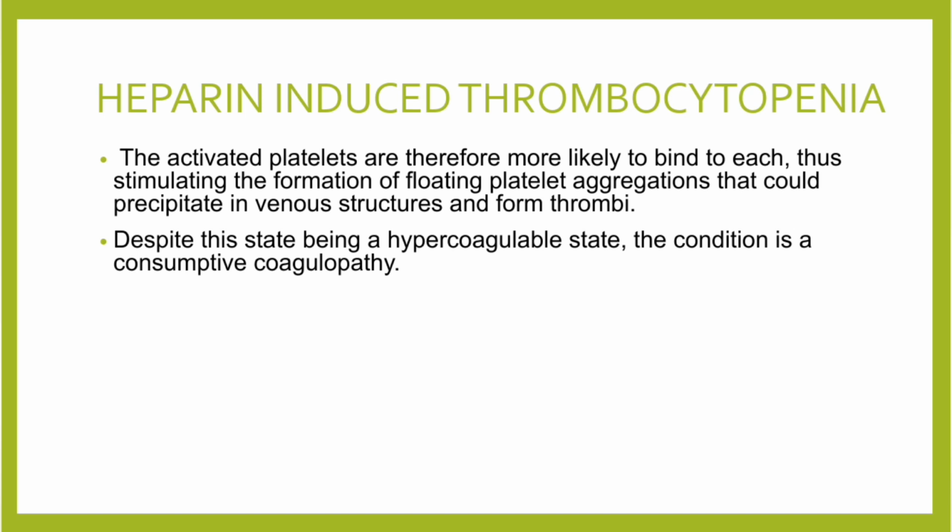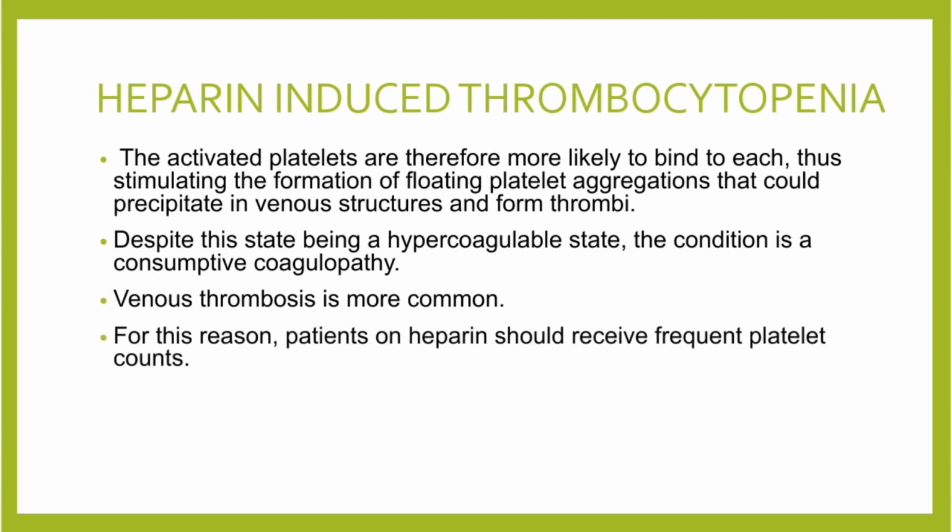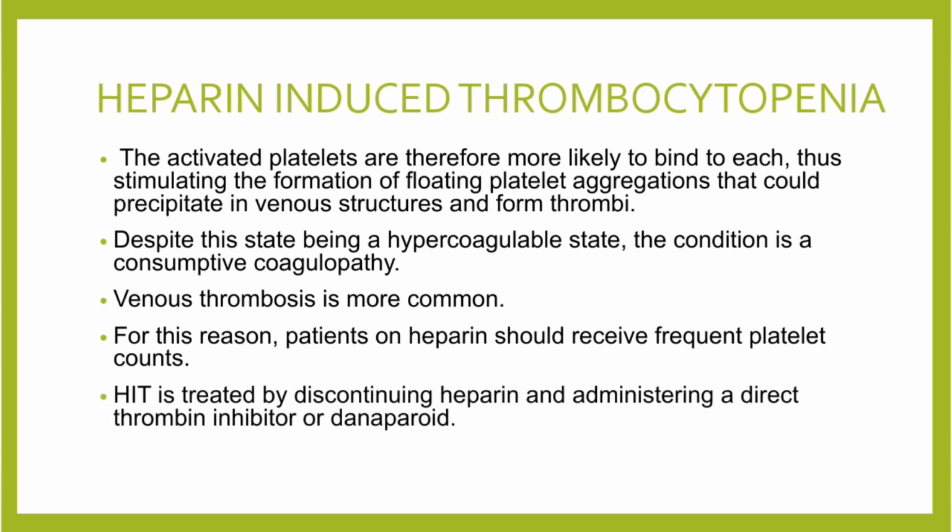So we are consuming the platelets, so the person will have thrombocytopenia. Venous thrombosis is more common, and for this reason, patients on heparin should receive frequent platelet counts. Heparin-induced thrombocytopenia is treated by discontinuing heparin and administering a direct thrombin inhibitor or danaparoid.